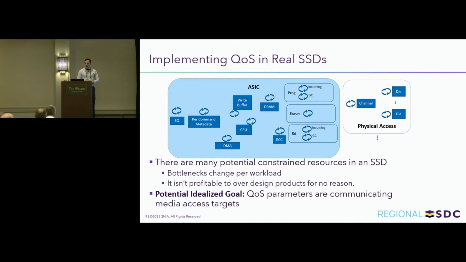It might not be perfect across all test conditions, but with bounded transients and things like that, I think it should still be very useful for the ecosystem to use. So in my mind, there's a potential idealized goal of communicating a media access target, even though I'm already acknowledging that's not the real world situation, that it's not truly achievable.